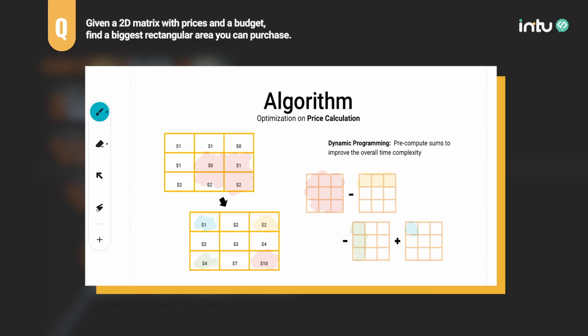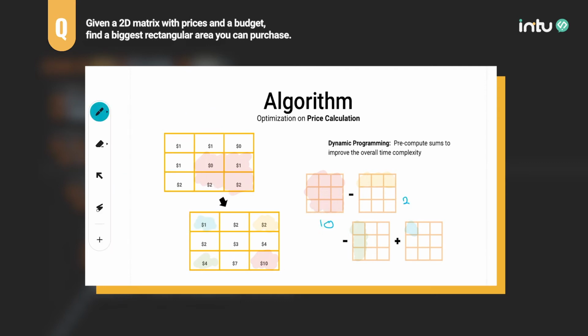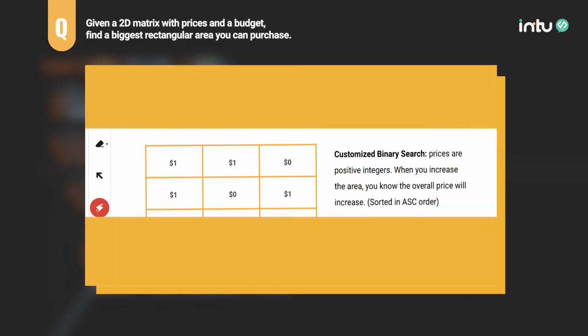It's just 4 mathematical operations, so it takes only constant time to calculate the price. In this case, it will be 10 minus 2 minus 4 plus 1, so it will be 5.